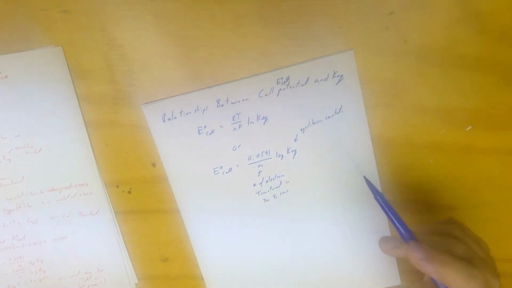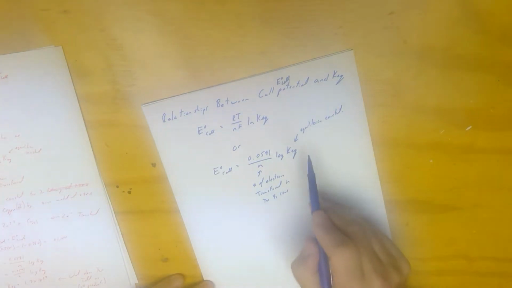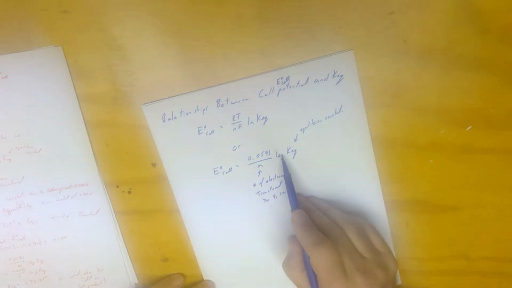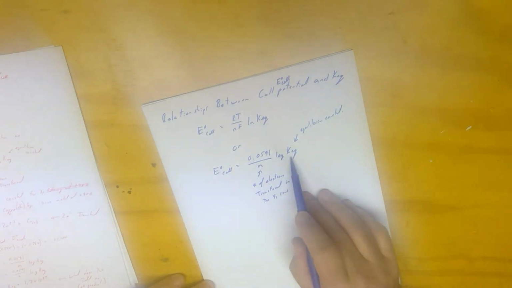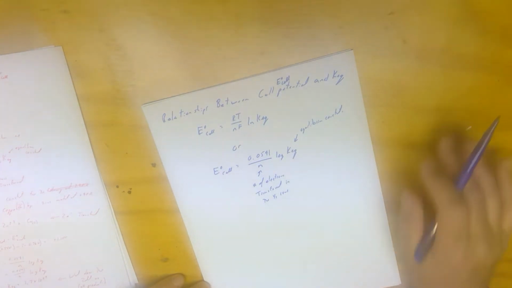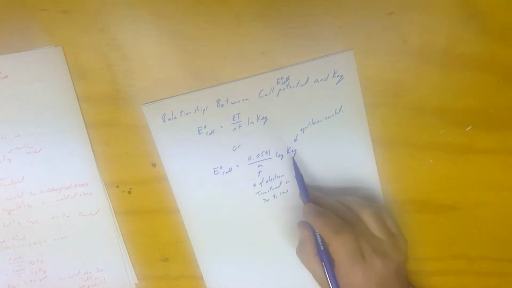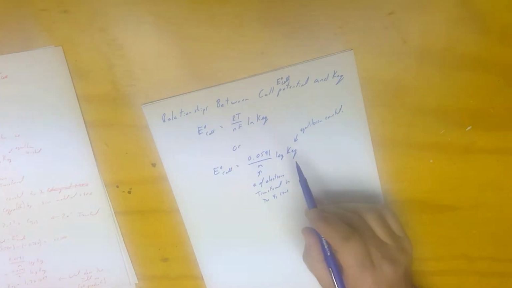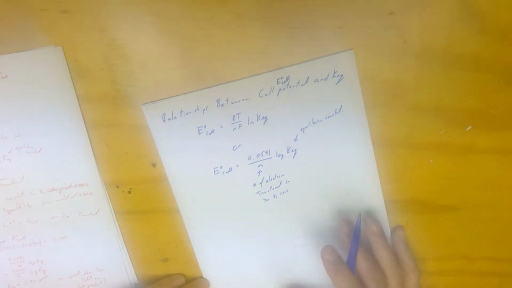All right, so remember, if we have big KEQs, it favors our product side. All right, if we have small KEQs, it's going to favor our reactant side, and that's going to have an effect on our voltage. Right, so let's go ahead and try one of these.